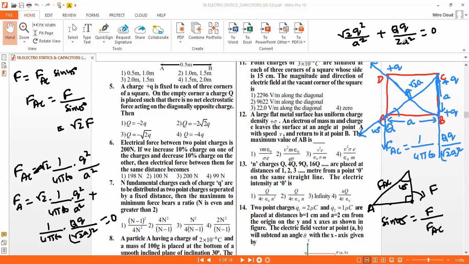Upon solving, we'll get the value of capital Q. Take small q by a square as common: root 2 q plus Q by 2 is equal to 0. So capital Q is equal to minus 2 root 2 q. That is option 2.